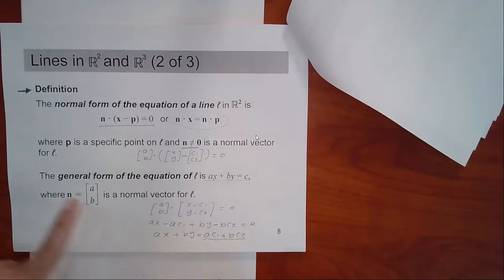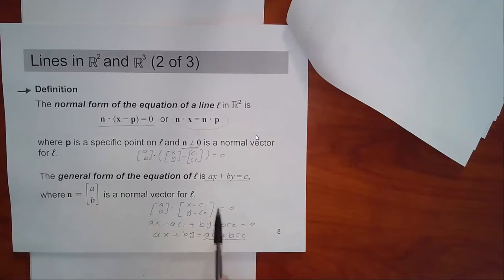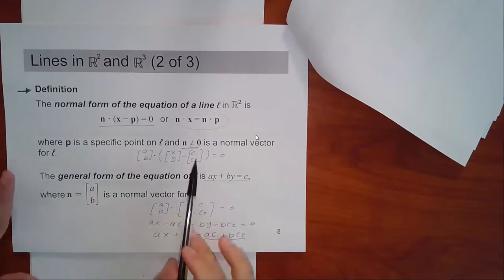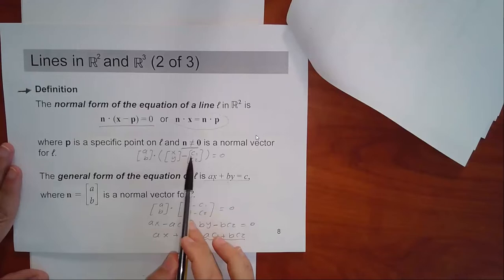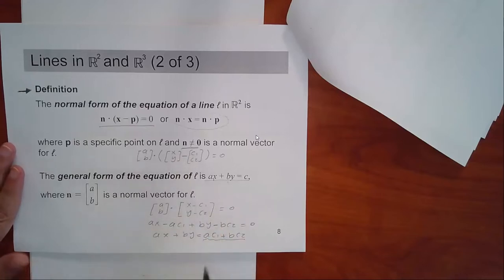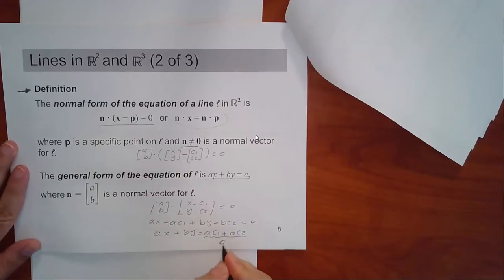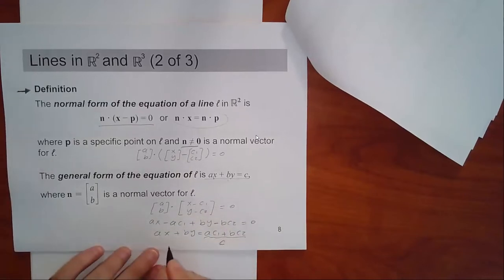Because a is from the normal vector, which is a number. b is from the normal vector, which is a number. c1 and c2 come from the point, so this is a number and this is a number. So everything here is going to be just c. That means it's going to be ax plus by equals c, which is exactly the same thing here.